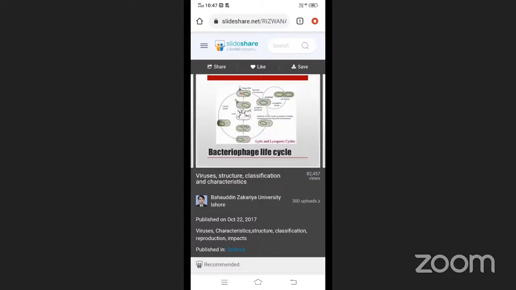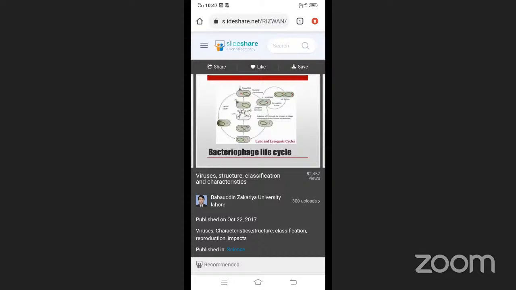Pollen grains can also carry these viruses, so pollen-borne diseases are there. Another one is human beings, who are also agents transmitting viruses.